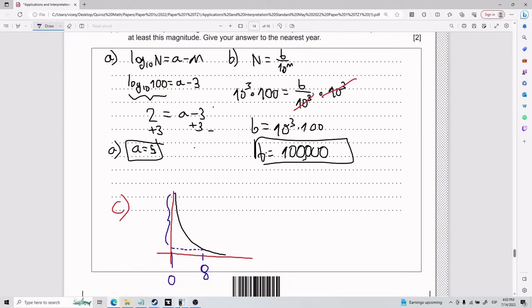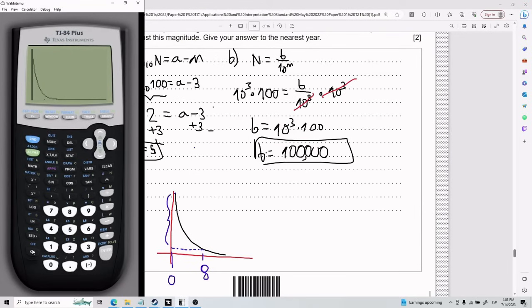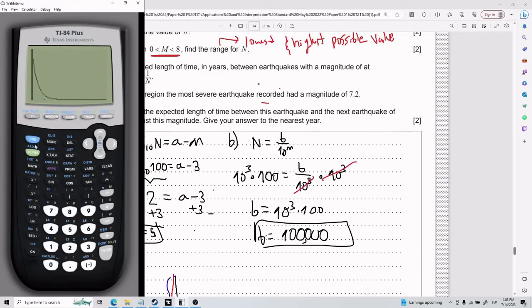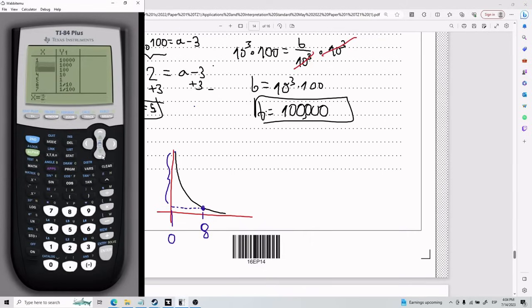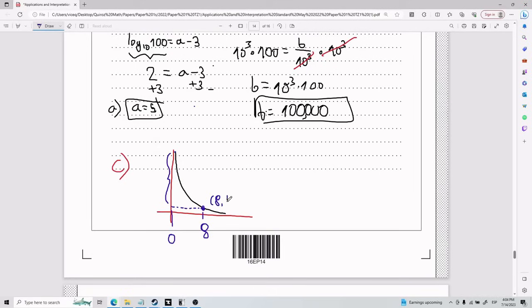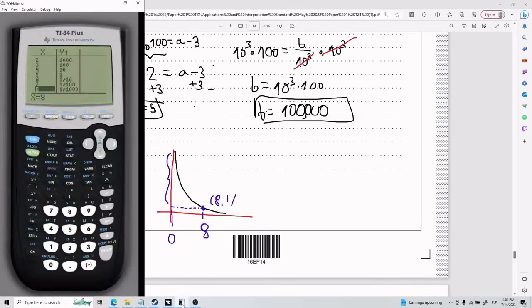What I suggest you do is that from here, you can actually pull out your table. So you can do second table or second graph to hit table. And here you can go from 0 until 8 and see what values you get. That actually allows me to find these 2 points here. According to this, when x is 8, y is 1 divided by 1,000.